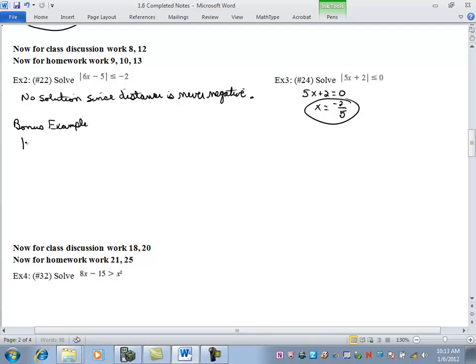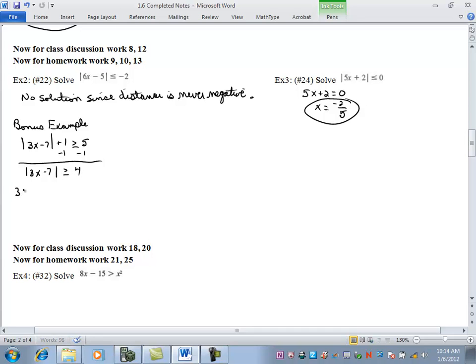This is going to be the absolute value of 3x minus 7 plus 1. And we're going to solve that when it's greater than or equal to 5. Now the first thing I need to do is subtract 1 from both sides. So this is the absolute value of 3x minus 7 greater than or equal to 4.